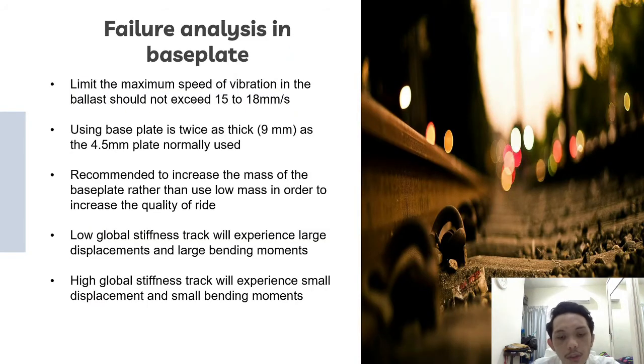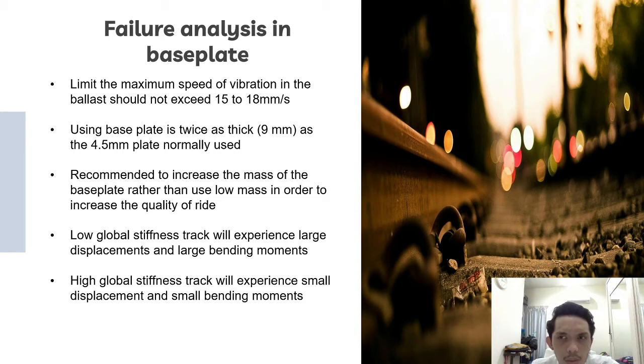Next, we move on to our last subtopic, which is failure analysis in base plate. Actually, base plate can deform and it can also fail due to the high impact of loads exerted on the rail.